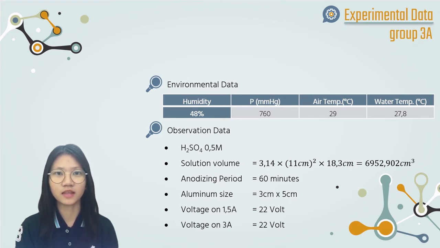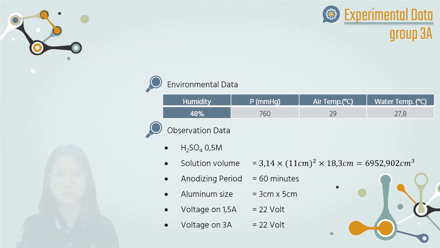The observation data are 0.5 molar sulfuric acid, 6952.902 ml solution volume, 60 minutes anodizing period, 3 times 5 cm aluminum size, 22 volt on 1.5 ampere, and 22 volt on 3 ampere.